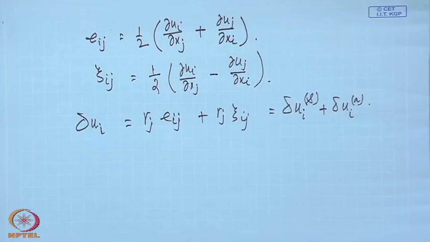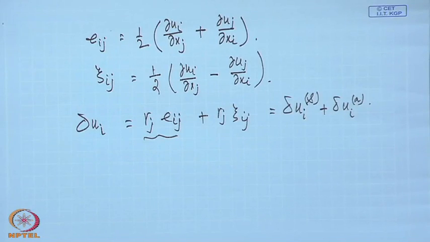Now, consider first this r_j e_ij. What is the nature of this contribution to the velocity? To understand this, let us say that our axis system coincides with the principal axis of e_ij.